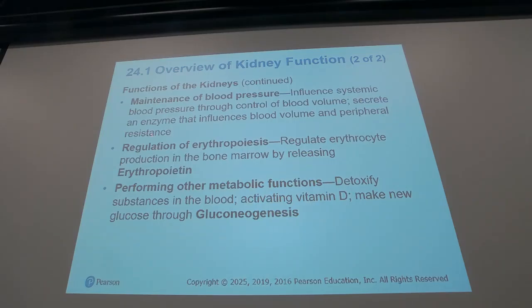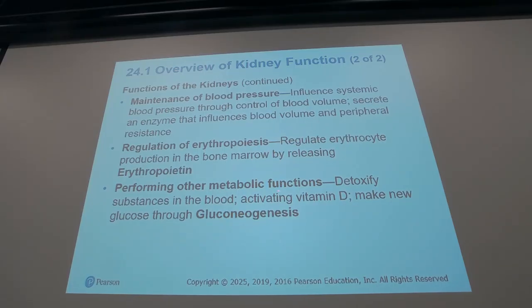And then the kidneys help us produce red blood cells because they produce a hormone called erythropoietin. With this erythropoietin, our bone marrow gets stimulated to produce red blood cells.